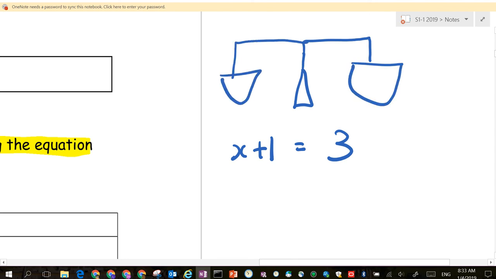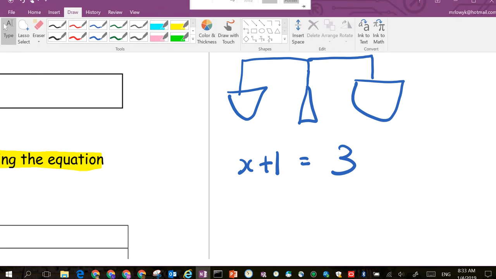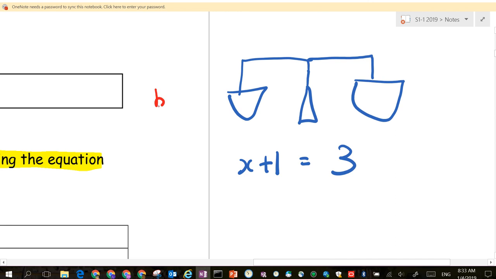Do you know what I'm trying to draw? Okay, I'm trying to draw a balance beam.